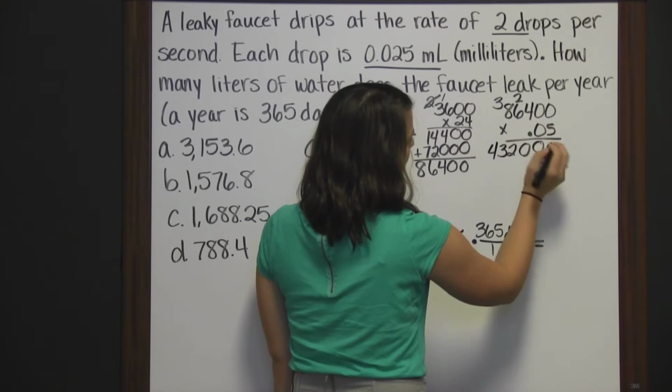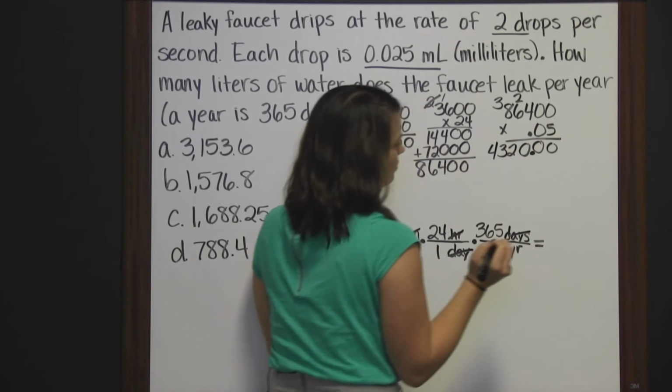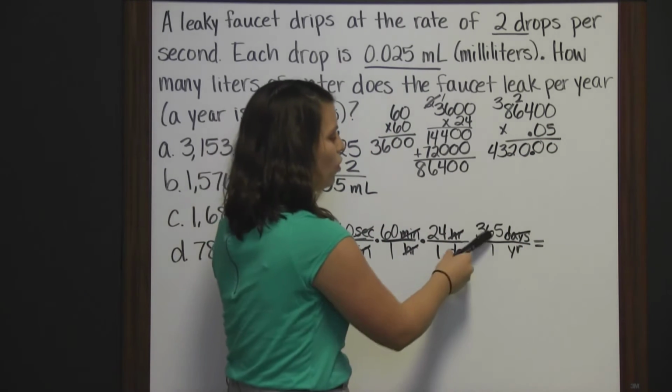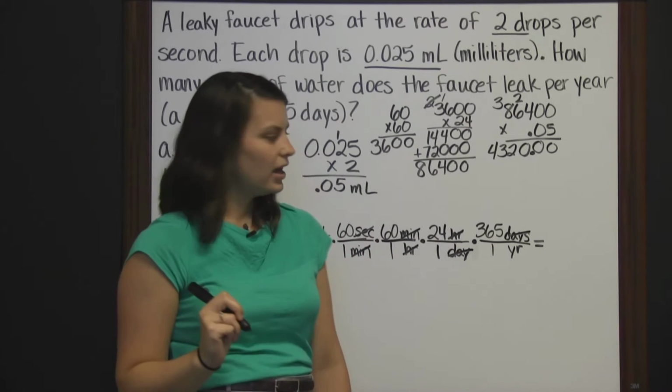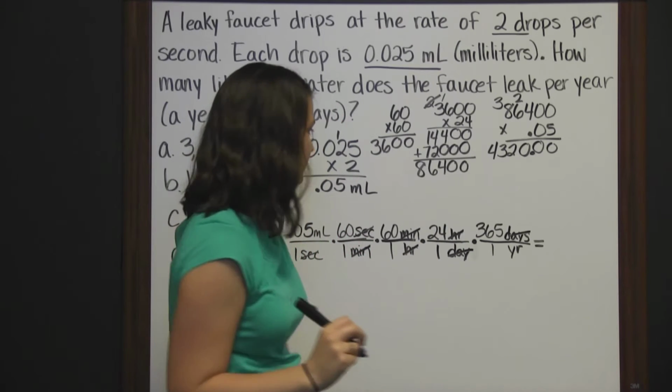And we have 2 numbers behind the decimal, so our answer should also have 2 numbers behind the decimal. And then we have one last number to multiply by, and that's 365.